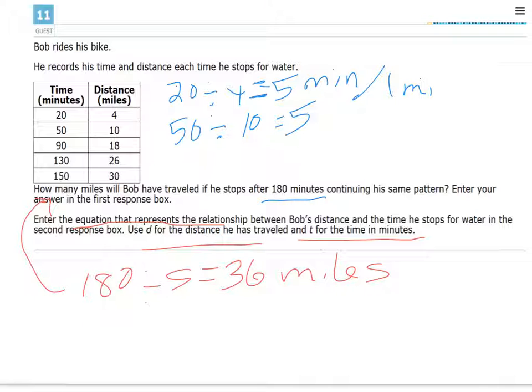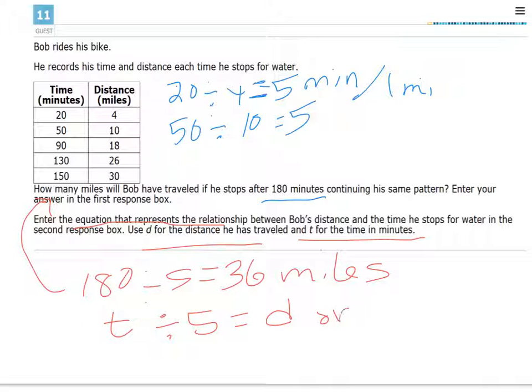Now in the second question, I would have to create an equation. And the way I would create the equation is based on the relationship of the distance that he's traveling to the time in minutes. I know that the distance is the final result, so I could go the time that is provided divided by 5 equals the distance.